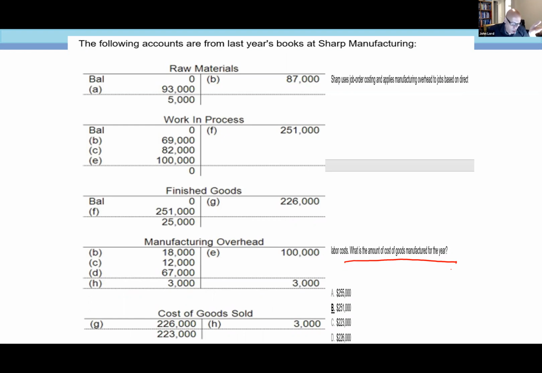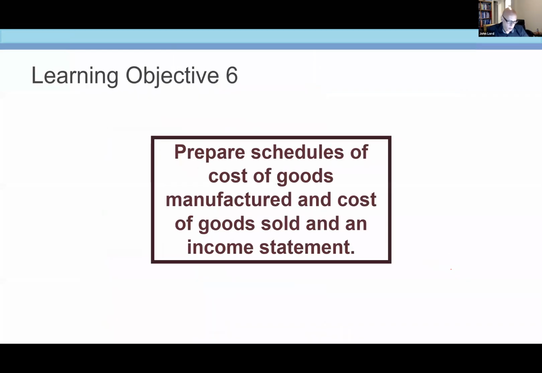So, do you know the definition of the term cost of goods manufactured? Anybody want to articulate to me what that is? Is it like what you finish for the period, so what is taken out of finished goods and put into the work in process? Yes, but close, but you had it backwards.